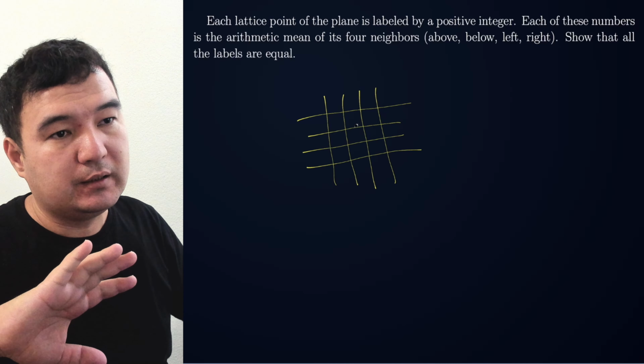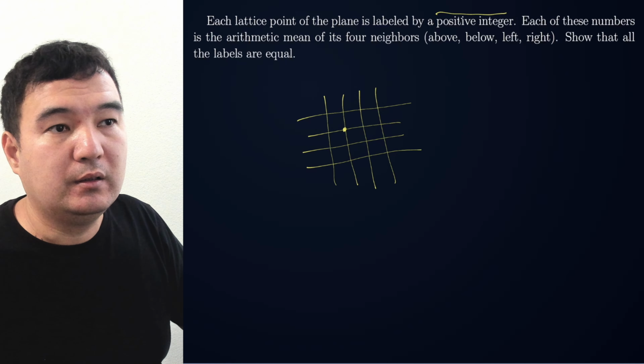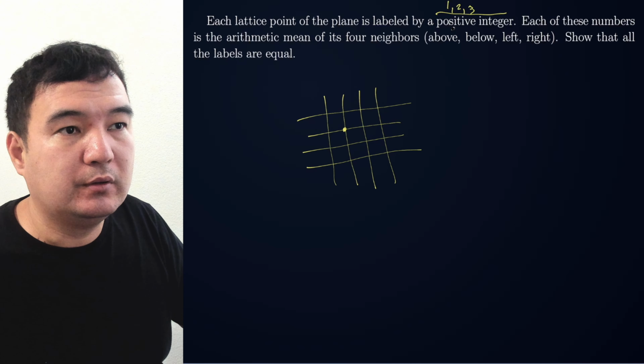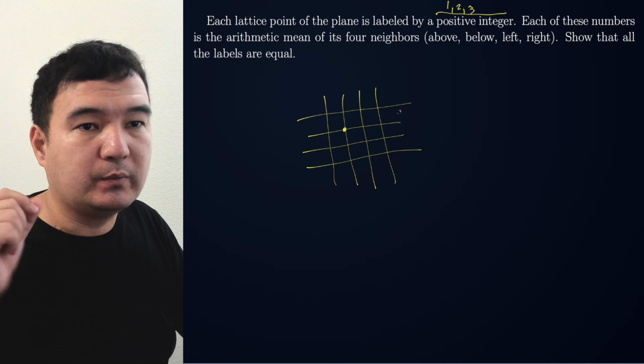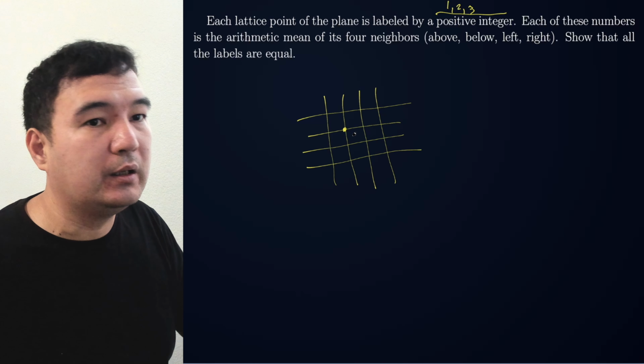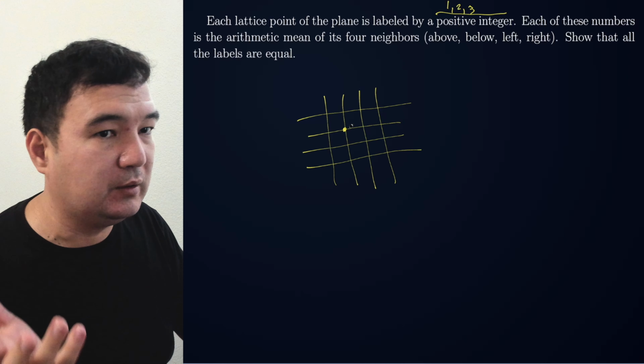Every lattice point is labeled by a positive integer. Since positive integers start from 1, 2, 3, 4, you can always choose the smallest label. It could be 1, or if 1 is missing on the entire board, it could be 2.